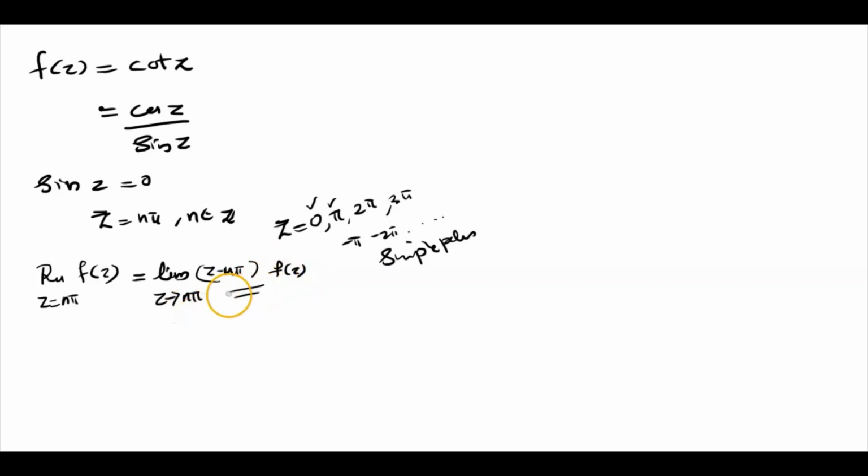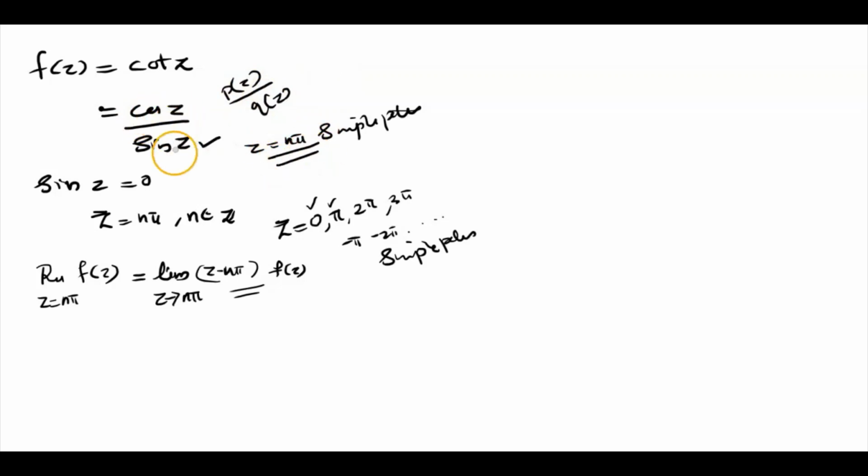Instead of finding this, we can use a formula, since z = nπ are simple poles and f is of the form p(z) divided by q(z). If it is a rational function, the numerator is a function of z and the denominator is a function of z, and p and q are analytic at z = nπ.